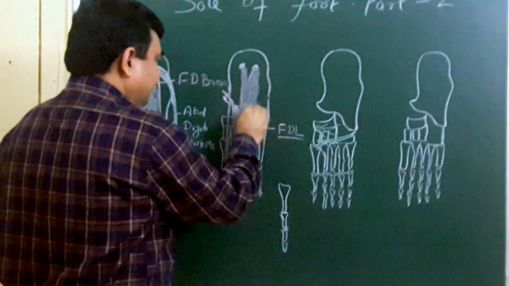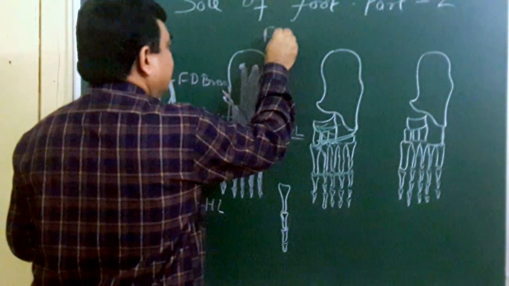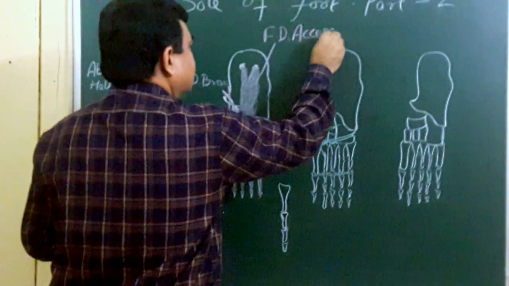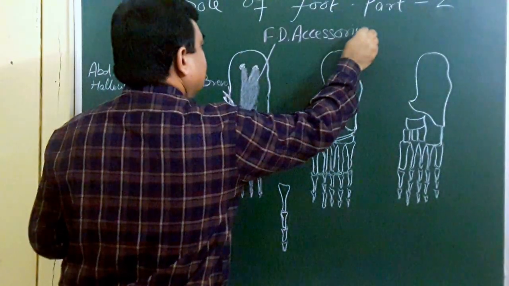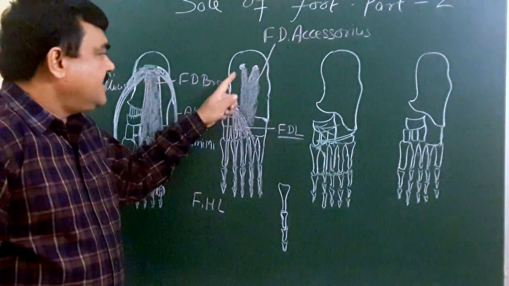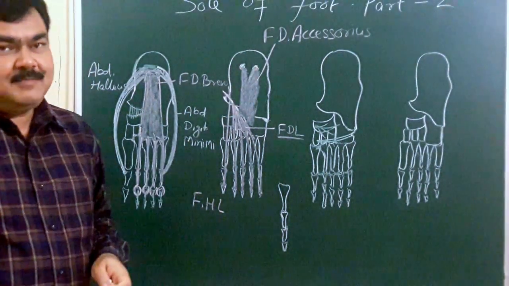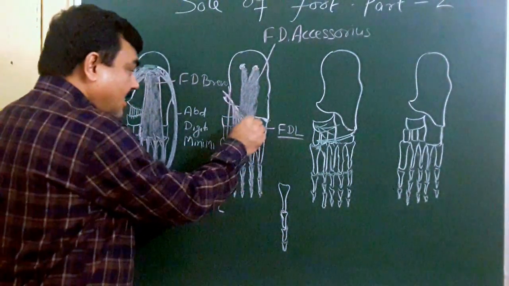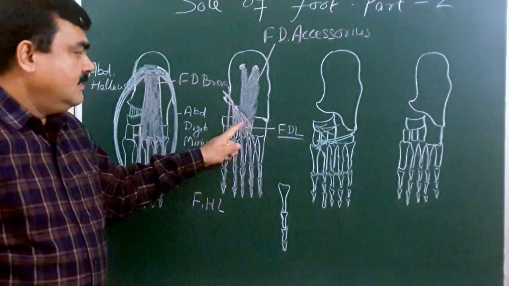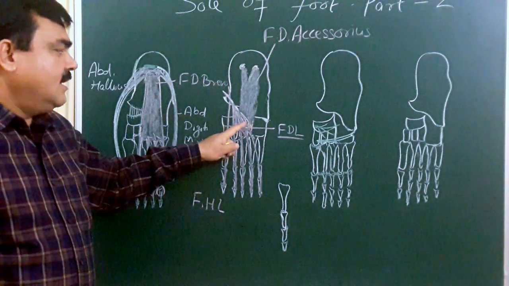This muscle is flexor digitorum accessorius, which takes origin from the medial and lateral tubercle of the calcaneum and is inserted on the flexor digitorum longus here.